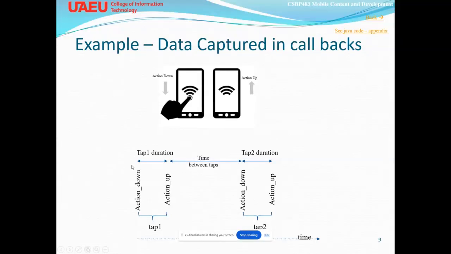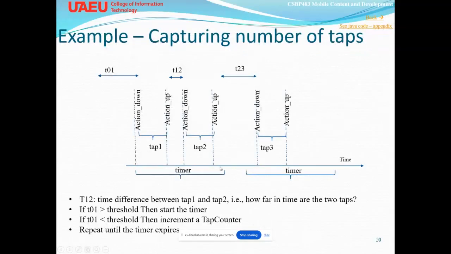So basically, we need to set a timer with a duration of time, and during that time we need to count how many action downs happened. Of course, we can have a counter for action down or action up, but typically action down is the one.